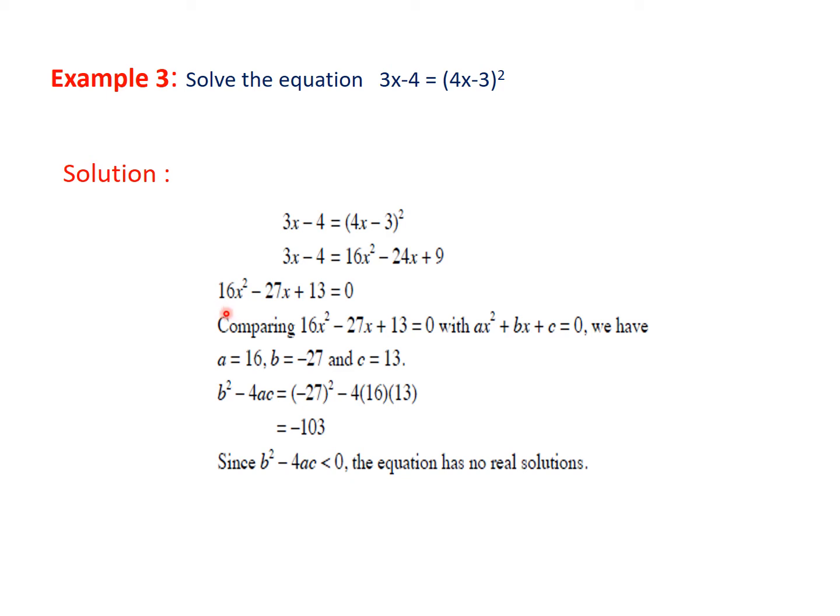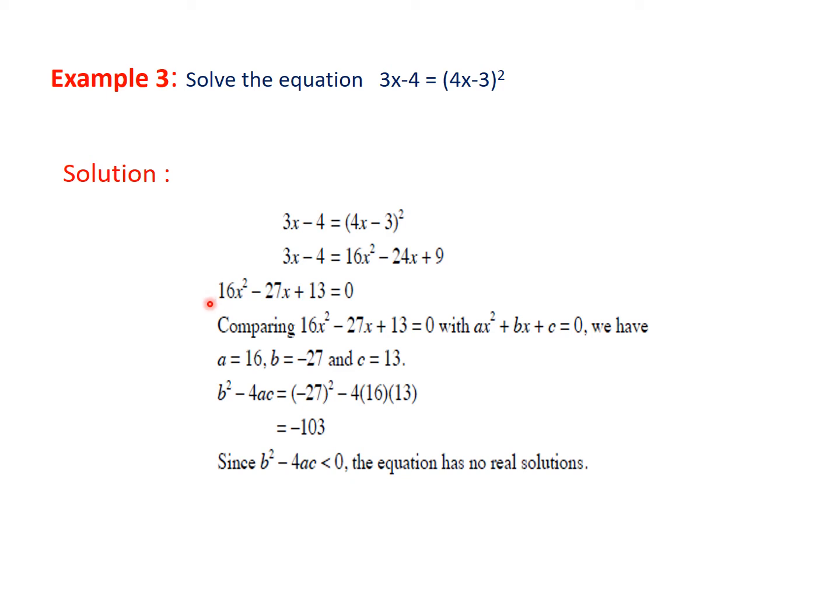If this is negative, we can take minus 1 common, or we can multiply throughout by minus 1 to make it positive. It will be the easiest way to solve a quadratic equation. In case of negative coefficient, we can also deal, but it is somewhat difficult or lengthy process.